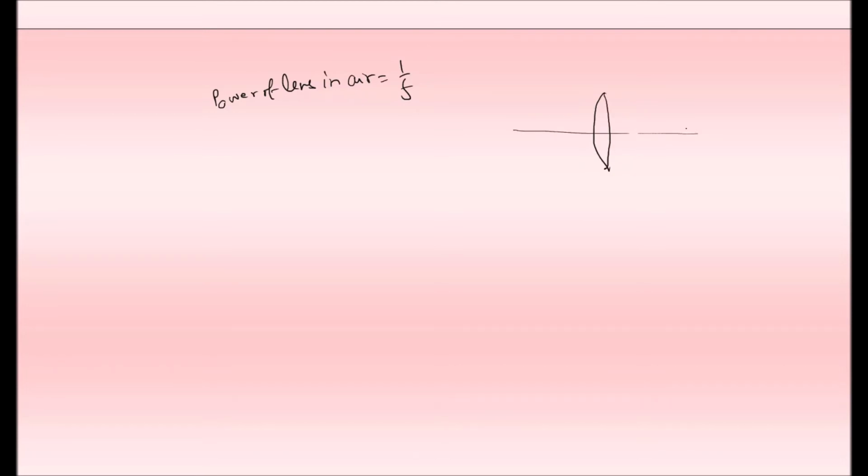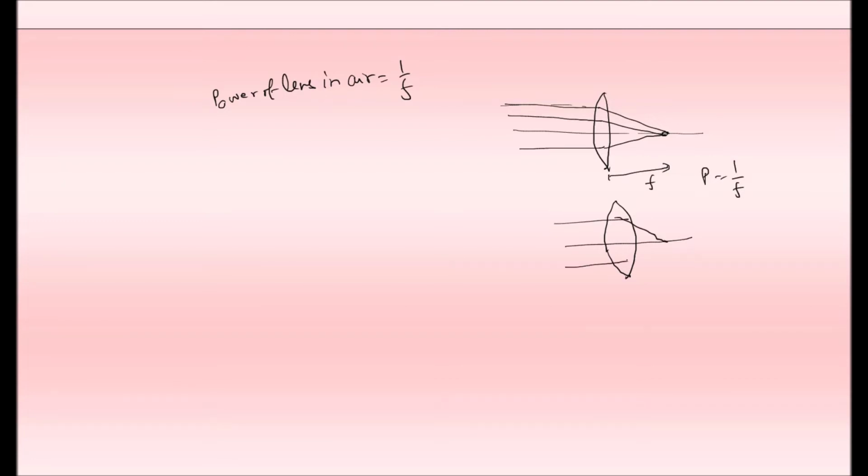Like if you consider this convex lens, and if light ray strikes at this point, we have already discussed this in case of thick versus thin lens, that if this is the focal point, then power is equal to 1 by F. If we consider this lens as a thick lens, then it will converge light ray more close to this optical center, and its focal length will decrease, the power correspondingly increases.